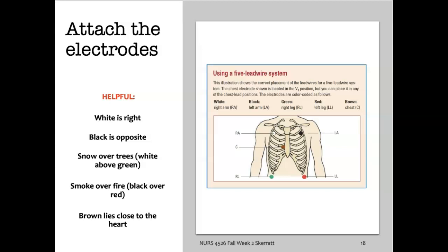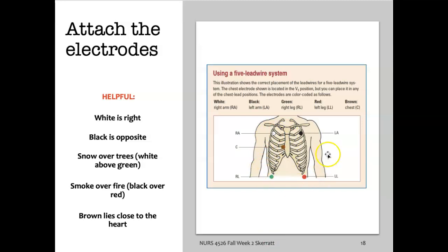You attach the upper right arm or the chest. The left atrium is on the left, so you attach to the left upper arm or the left chest. The right leg you can attach to the right lower leg or the right lower chest, which is typically where you would put it. And the left leg you attach to the left leg or the lower chest.